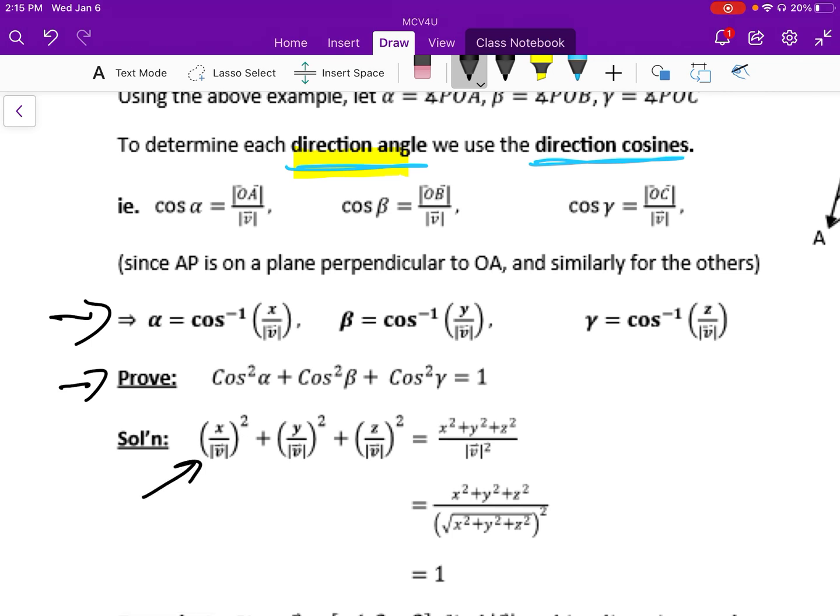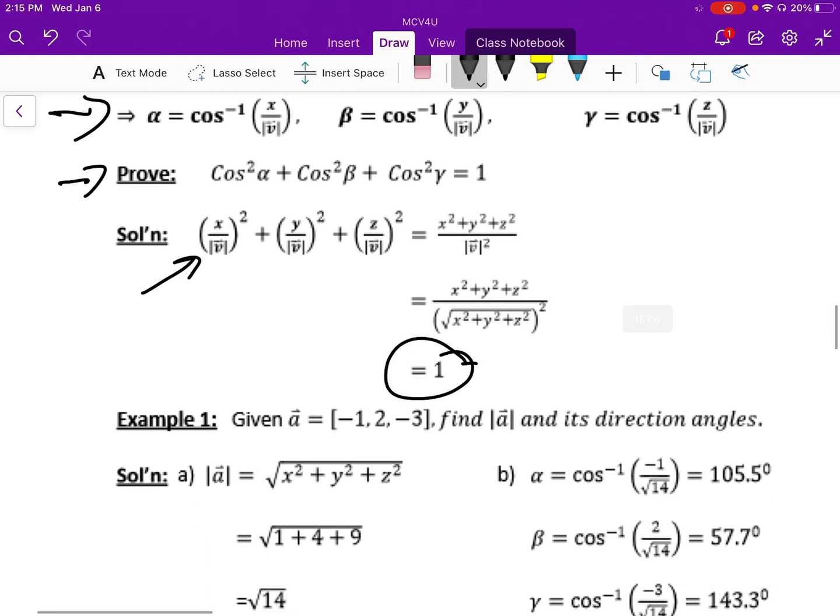When you take a look at what the direction cosines are and then square them, you're just getting x squared plus y squared plus z squared, which is basically the magnitude of the vector itself, squared because there's no square root sign. And then on the bottom we have everything squared, so it's the magnitude of the vector itself squared. So you get basically 1. Okay, so you take a look at that.